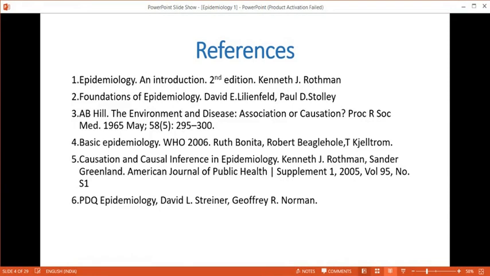Which one will be done first? Whichever is cost effective, where you don't need a lot of human resource and a lot of money, that will be used first, and you'll compare 2-3 methods and find out which is efficient, and you'll do it. And then there may be some problems in implementing it. What are the problems? All these things are part of epidemiology.